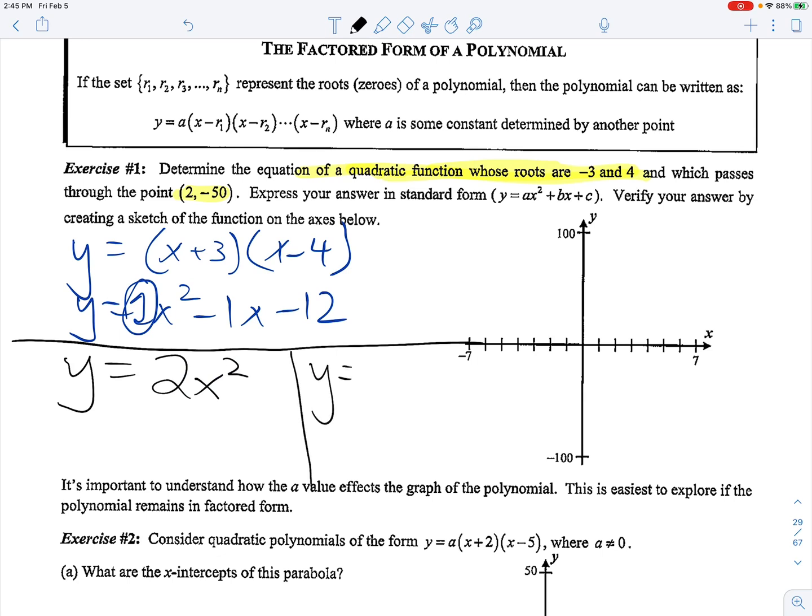Now, if you remember, just to mention here, what if we had something like 2x squared, and 1/2 x squared?